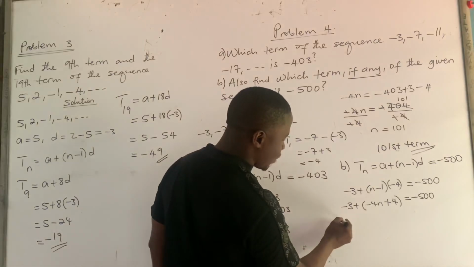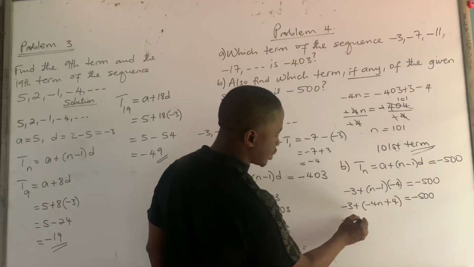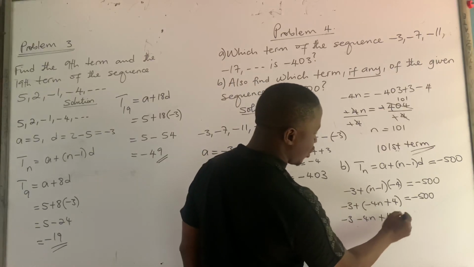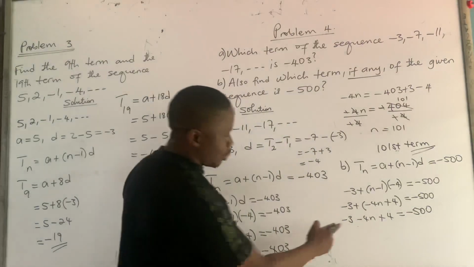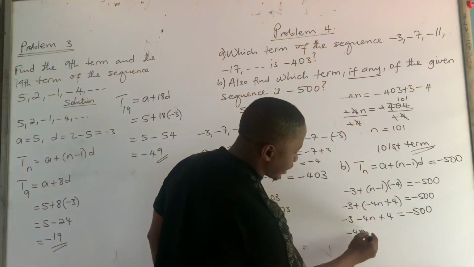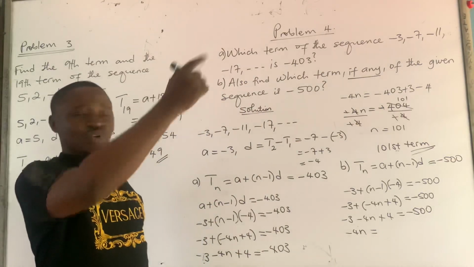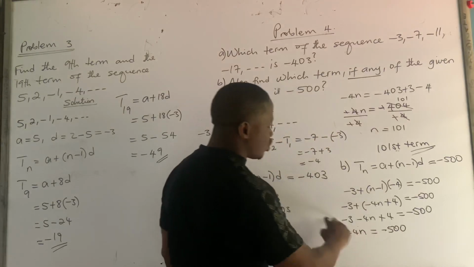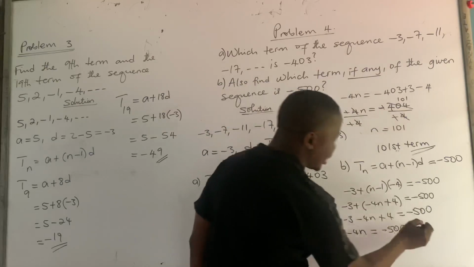So we say minus 3, plus times minus is minus 4n, plus times plus is plus 4, which is equal to minus 500. So we say minus 4n. The rest of the terms that do not contain n must go to the other side. Minus 500, this goes to the other side. Plus 3, this goes to the other side.